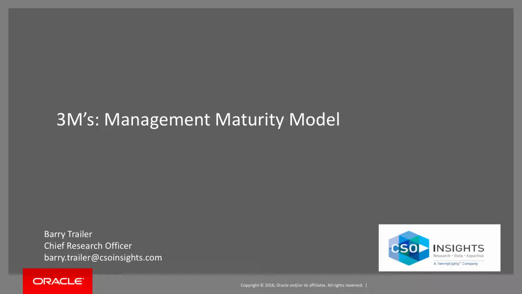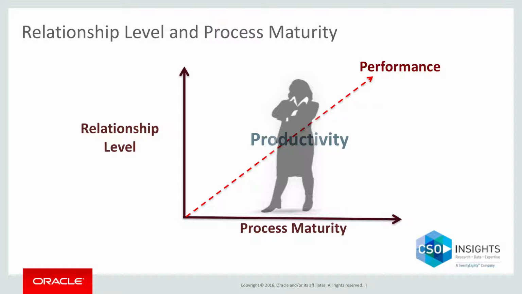When we talk about management maturity, here's a conceptual representation, maybe a simplified version, with increasing level of relationship on the vertical axis and increasing level of process maturity on the horizontal axis. What we're showing here is that as each of those increase, so goes rep productivity and performance, which of course is what everybody's interested in.